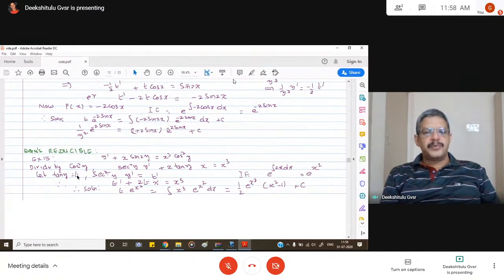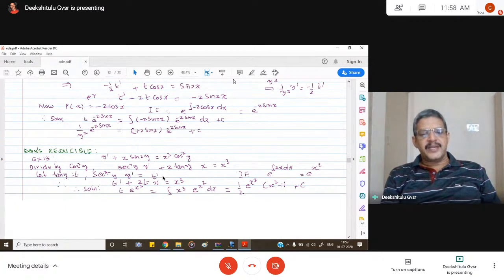So now, with tan y, it is still not in the standard form. If you put tan y is equal to t, then secant square y into y dash is t dash. So the secant square y dash becomes t dash. This equation now becomes t dash plus 2 into tan y, which is t, into x. So t dash plus 2tx equals x cube.